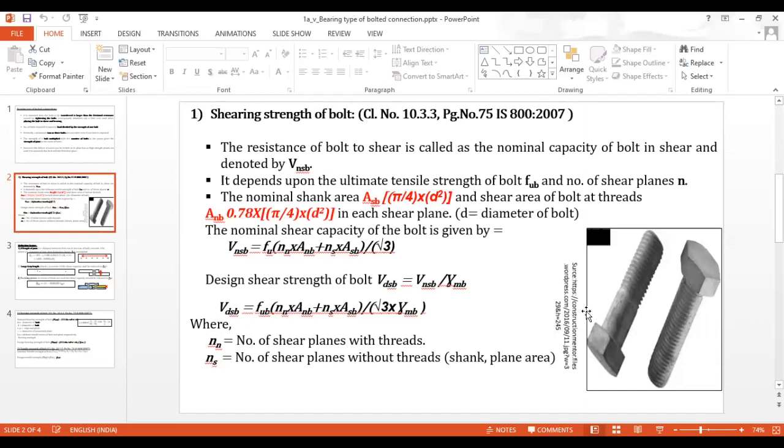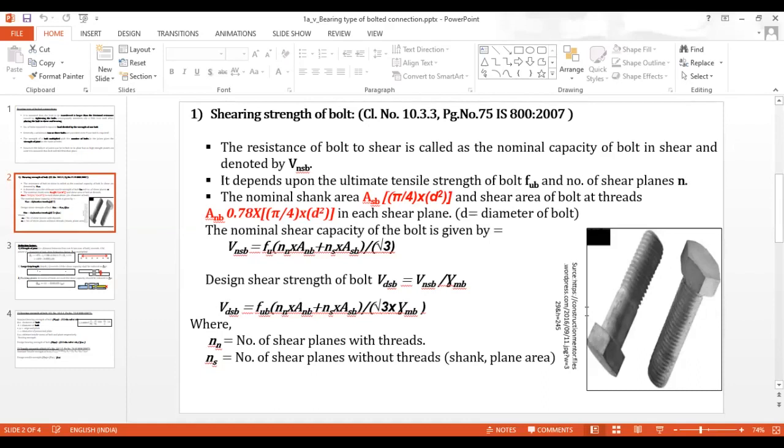Now, how to decide the value for NN and NS? This must be the question in the mind of every student. Dear students, whenever there will be a single shear failure, we may assume that the failure may occur in the threaded portion or in the shank portion.